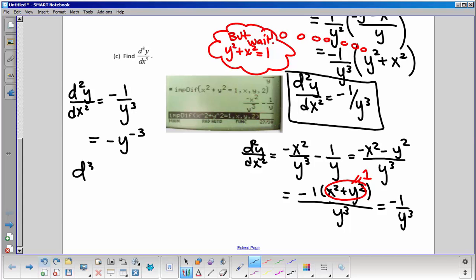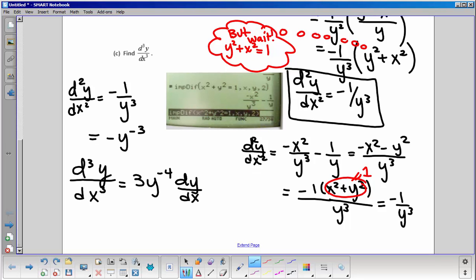I want the third derivative, right? So we go power down, which is negative 3 times negative 1, which is 3y to the negative 4th times dy dx. But wait, do we know dy dx?